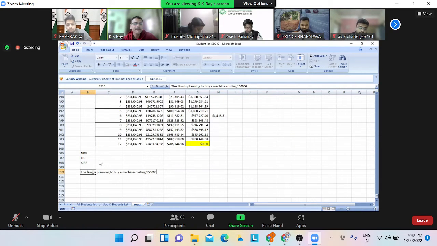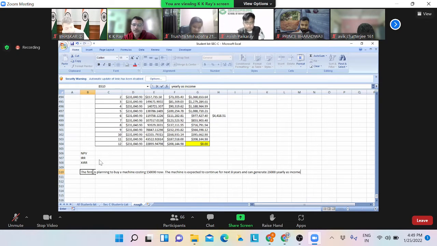Now, the machine is expected to continue for the next 8 years and can generate 26,000 yearly as income.